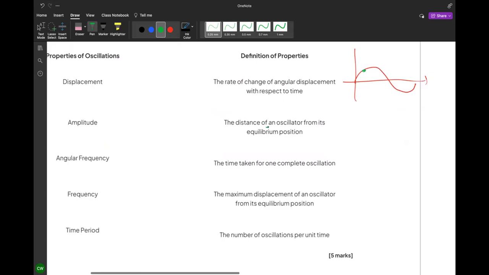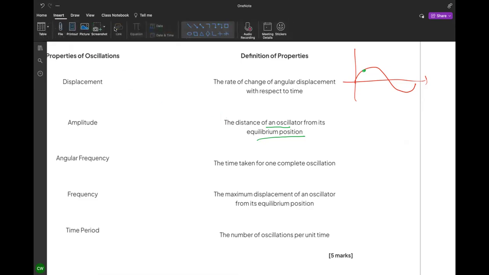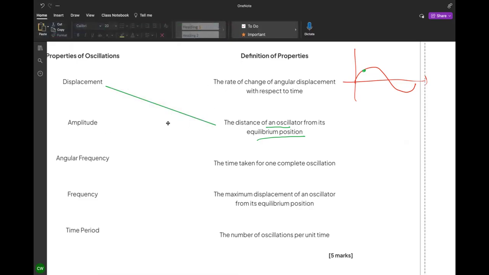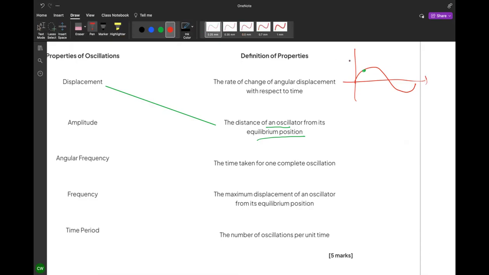This one is talking about distance from equilibrium position, so this is the one. This one is matching with this one. Amplitude, you have to think about the maximum displacement from the equilibrium position. So there's a maximum displacement.